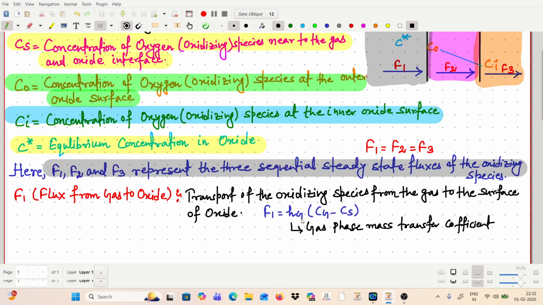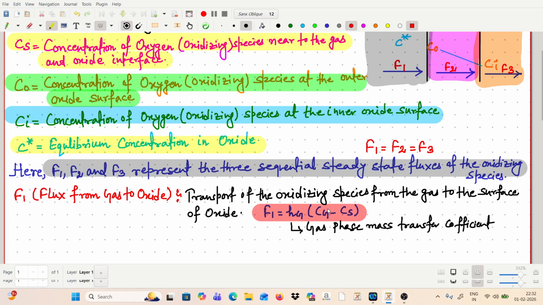Okay, Hg is nothing but simply the gas phase mass transfer coefficient. Is it okay? Hg. Clear? So the first formula that we have observed is the flux F1, which is nothing but simply Hg into Cg minus Cs.